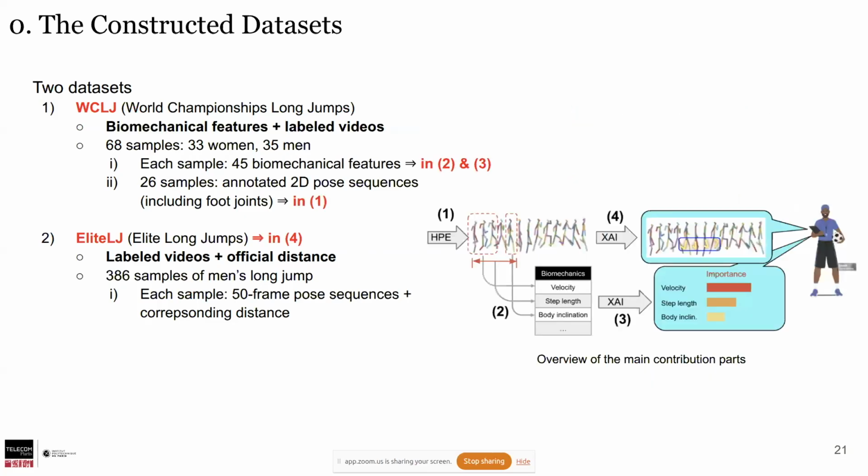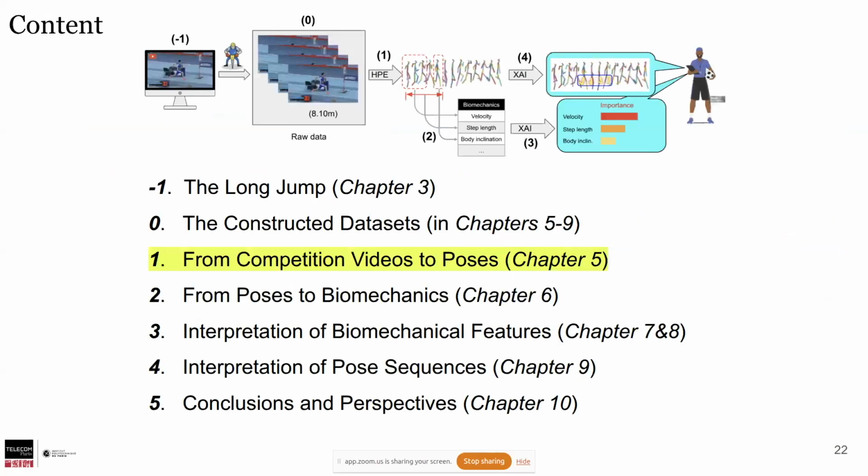In these 2 data sets, as I mentioned, the previous one has been used in main contribution parts 2 and 3, and the pose sequence of the first data set is used for human pose estimation, while the second data set will be used in the pose sequence analysis in part 4.